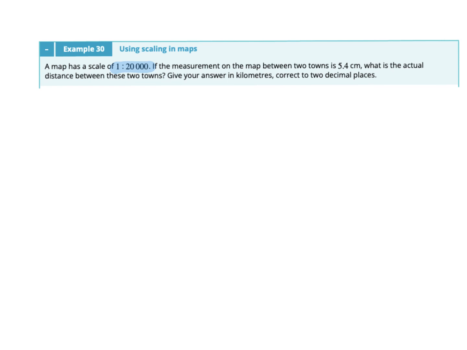When you see this written on a map, what that actually means is that this is on the map and this is real life. So 1 centimeter on the map equals 20,000 centimeters in real life. Does that make sense?